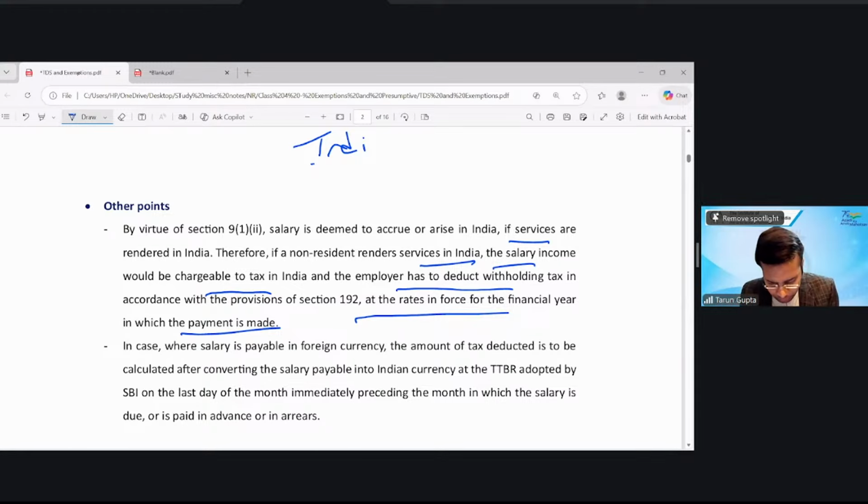You with me? The question comes, if the salary is taxable in India and therefore tax has to be deducted, such a non-resident must generally be receiving salary in foreign currency, but tax has to be deducted in INR. Then how is the foreign currency to be converted?